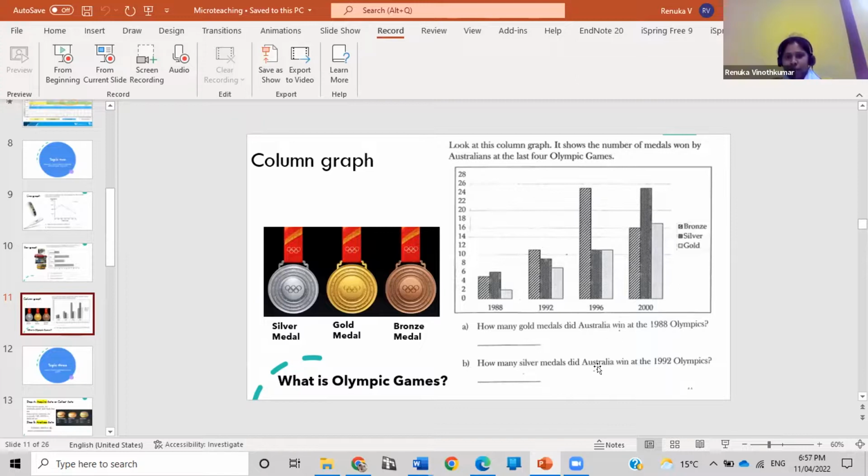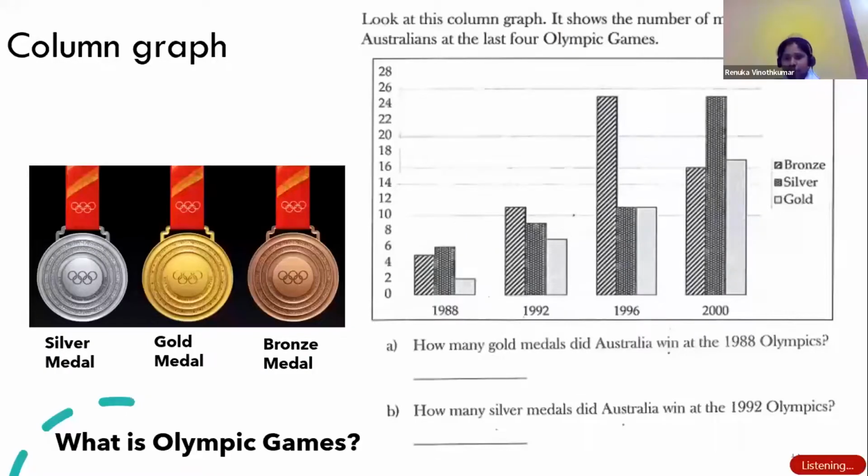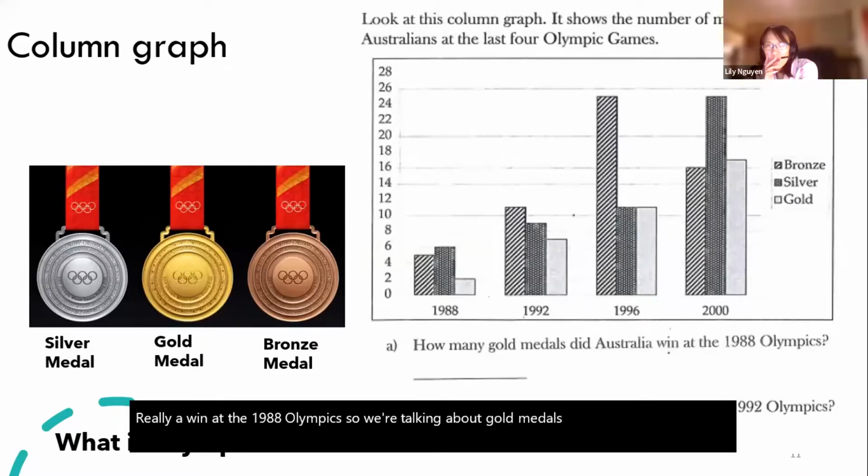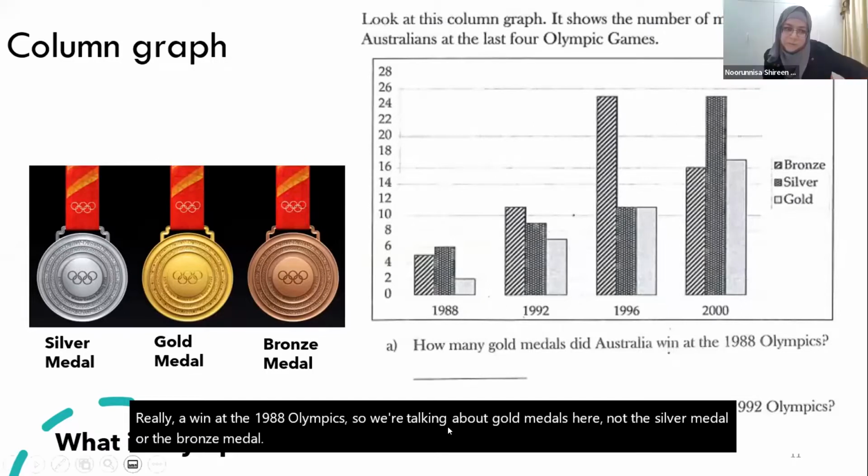And let's go back to this graph now, and then see if we can answer these two questions. So look at this graph and tell me, how many gold medals did Australia win at the 1988 Olympics? So we're talking about gold medals here, not the silver medal or the bronze medal. 2 medals, 2 gold medals.